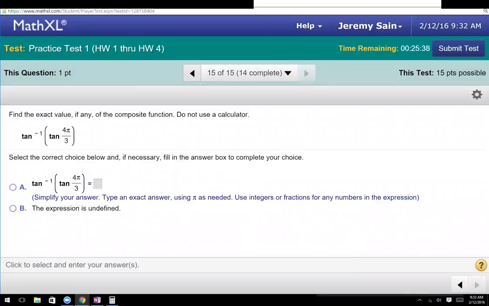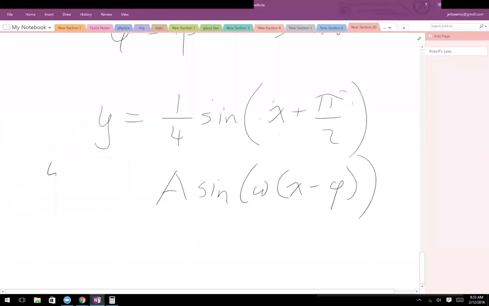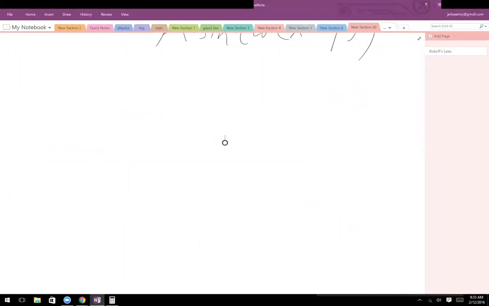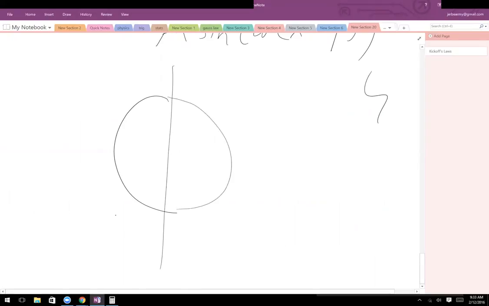Find the value of the composite function. So, let me draw a picture again. Okay, 4 pi over 3.